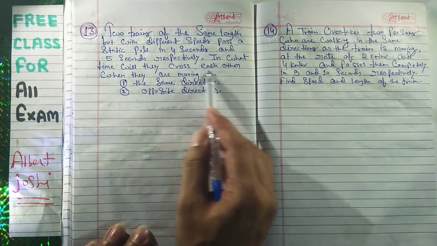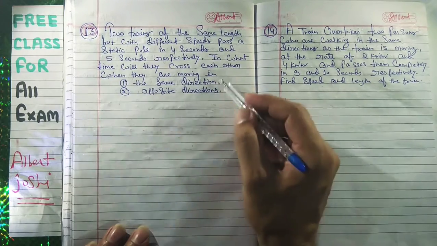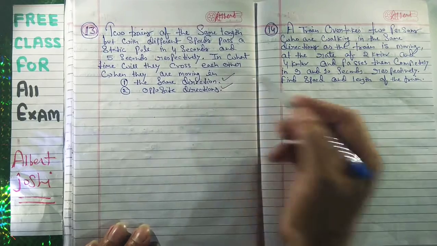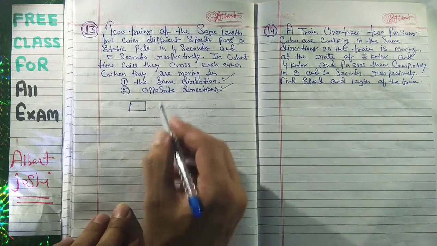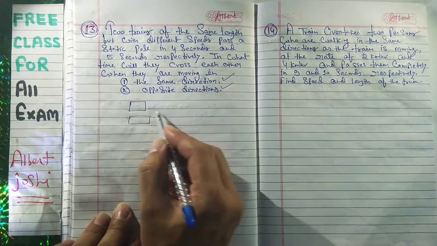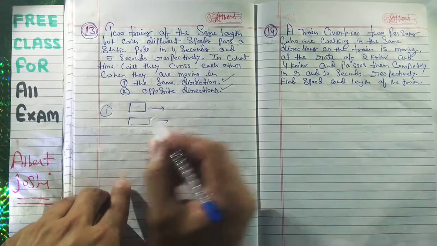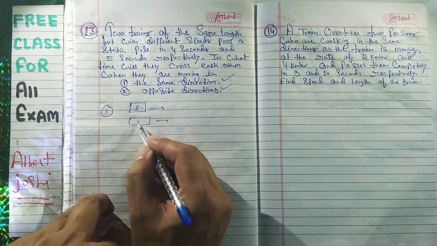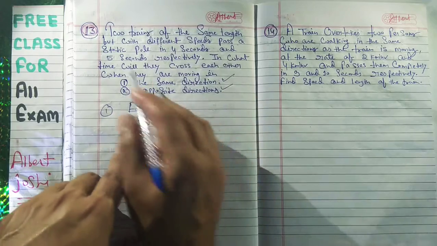In what time will they cross each other when they are moving in the same direction and in the opposite direction? So there are two trains. The first case is the same direction. Suppose they are moving in the same direction. This is case number 1. Two trains of the same length D, with different speeds, pass a pole.